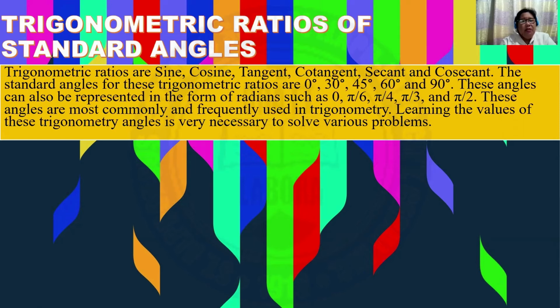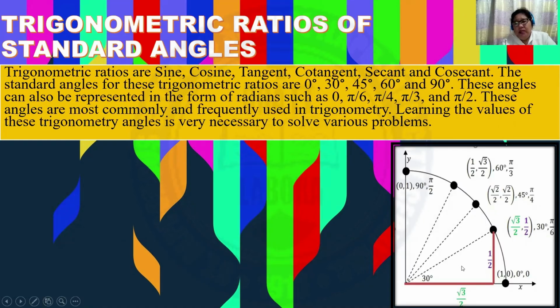And this can also be represented in the form of radians, such as 0 radian, pi over 6 radian, pi over 4, pi over 3, and pi over 2, respectively. These angles are most commonly and frequently used in trigonometry. Learning the values of these trigonometry angles is very necessary to solve various problems.